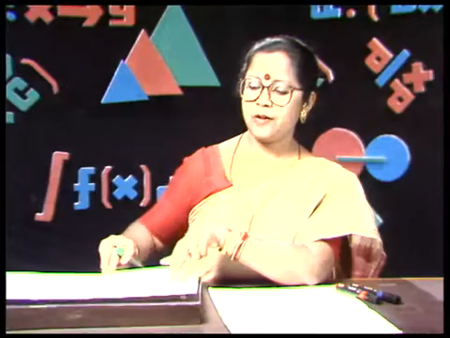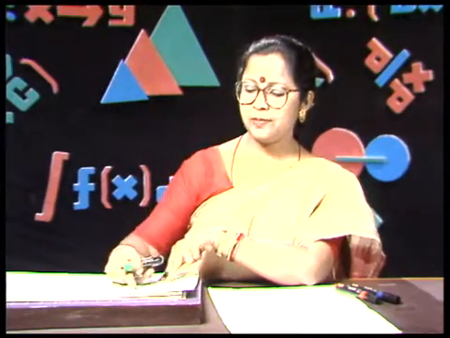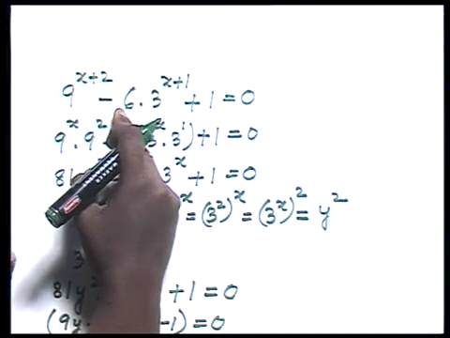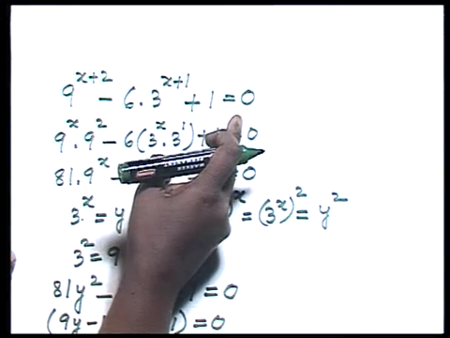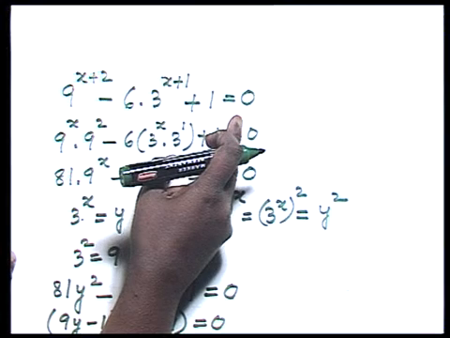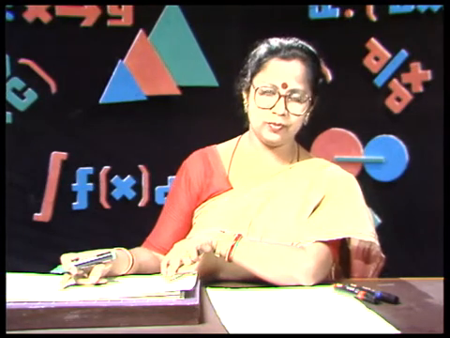Hence, this equation 9 raised to the power x plus 2 minus 6 into 3 raised to the power x plus 1 equal to 0 has solutions x is equal to minus 2 and again x is equal to minus 2, that is real and repeated roots.